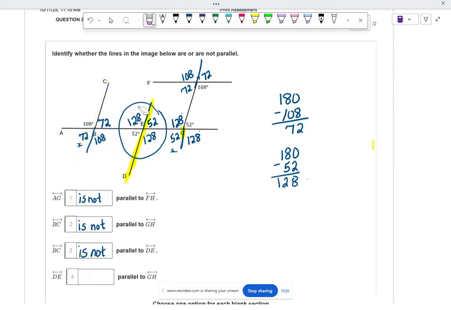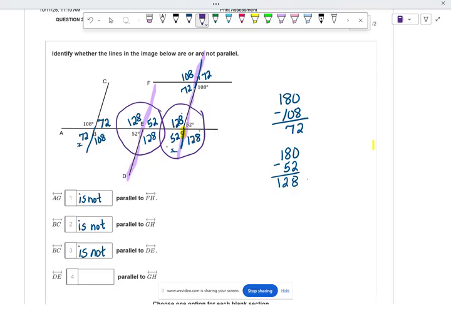All right, let's see what we have last. Line DE, right here, is parallel to line GH, right here. Finally, we have two sets of angles that do match.